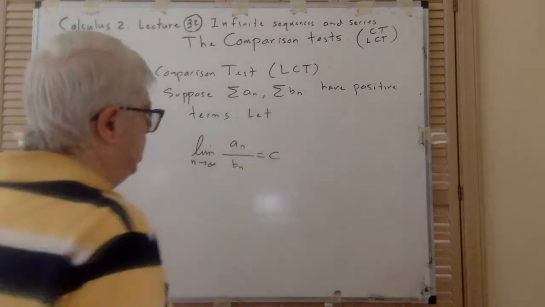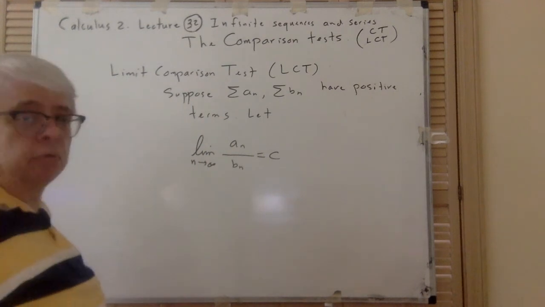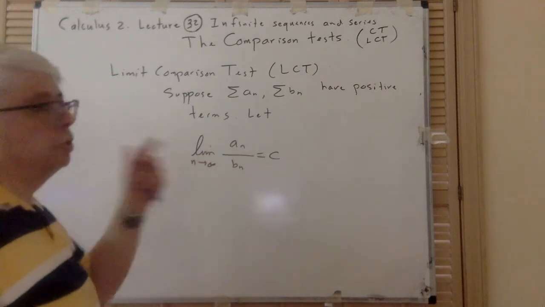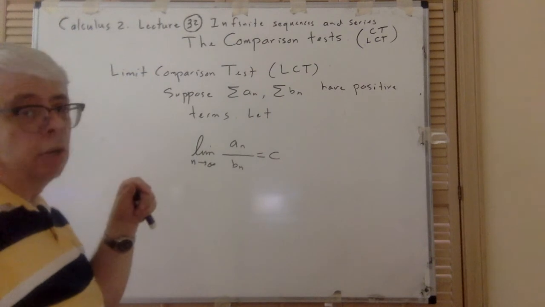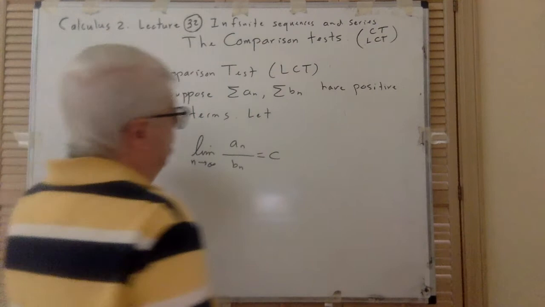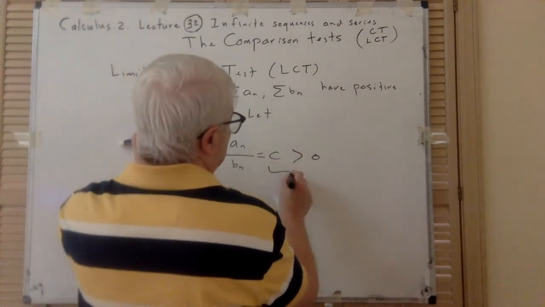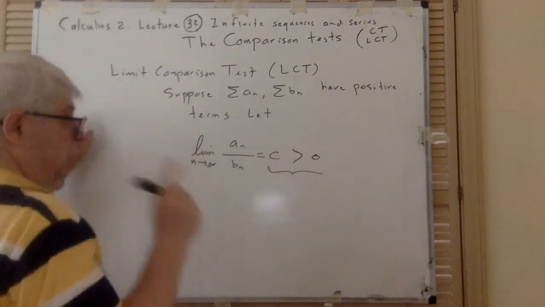Now this C is a non-negative number, because the terms are positive. When I divide them, I cannot get a negative number, but it can be 0. It can be 0, but not negative. So let's assume that this is bigger than 0. This is crucial: it is bigger than 0, not 0.